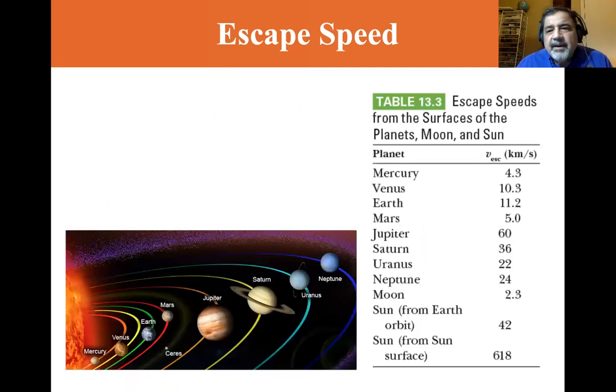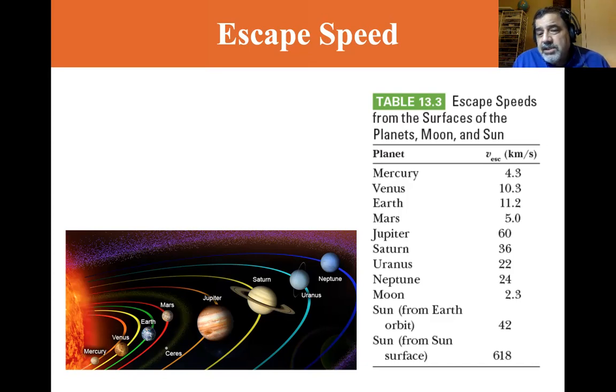And here are some escape speeds. For the Earth, it's 11.2 kilometers per second, so that's 11,200 meters per second. Mercury, a small planet, 4.3 kilometers per second. Venus, 10.3. Mars, 5.